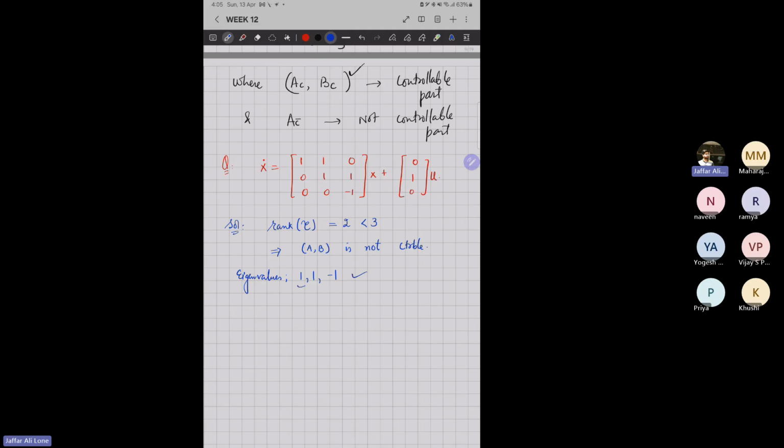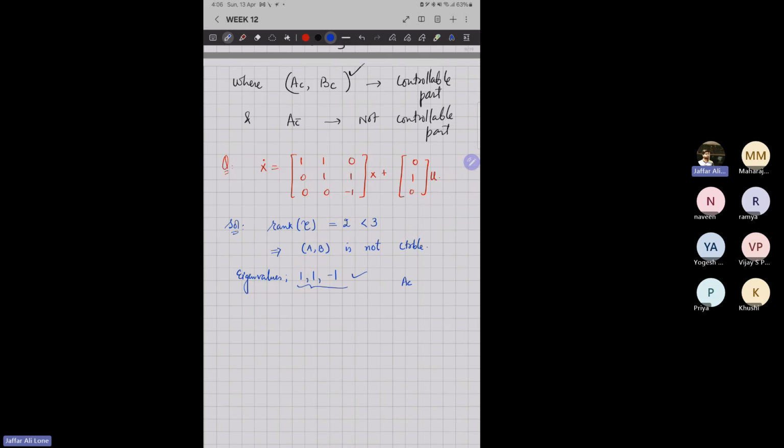Again, we will see which of these eigenvalues are controllable and which are uncontrollable, because we know the system is not controllable. There are some eigenvalues which correspond to the uncontrollable part and some which correspond to the controllable part. But one thing is for sure: this system is 3 by 3.